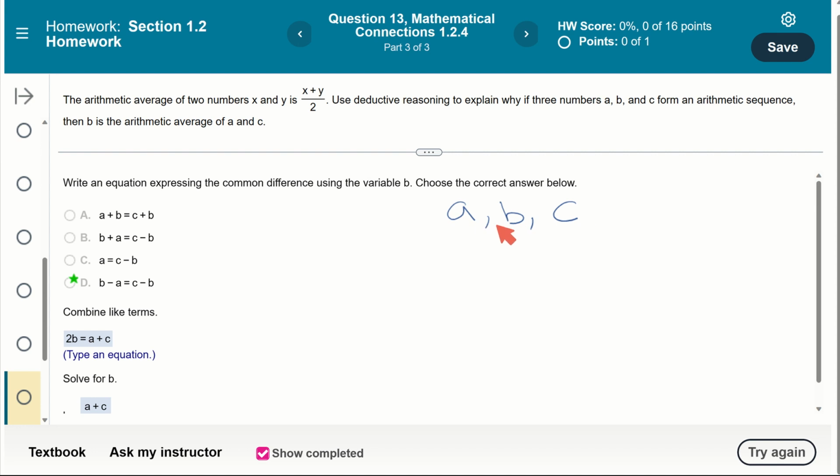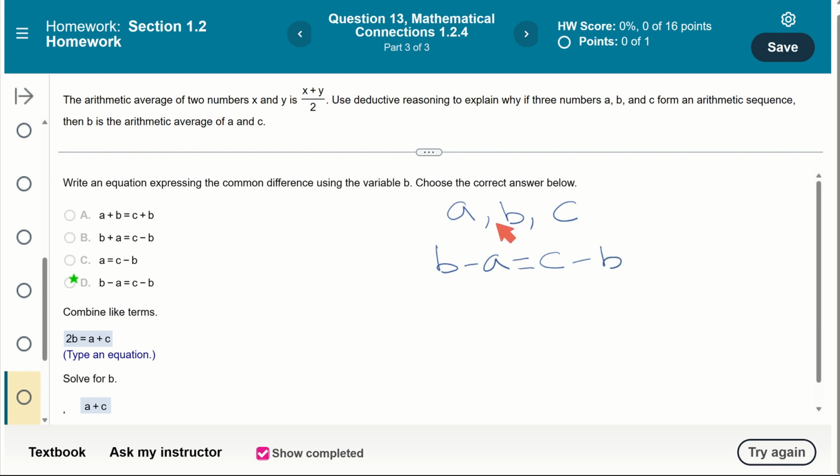For example, the difference between these two will be the bigger number minus the smaller, right? So b minus a, and the difference between these two is going to be c minus b, right? Oftentimes, you want to get as many facts as you can without even looking at these choices. Because when you do that, you notice that you have the answer already.